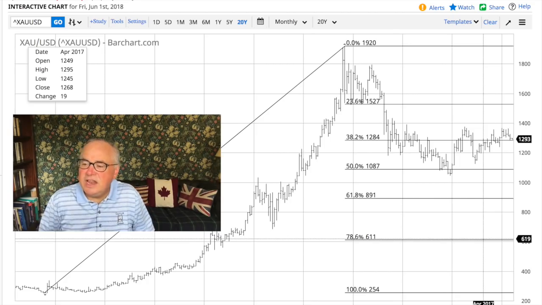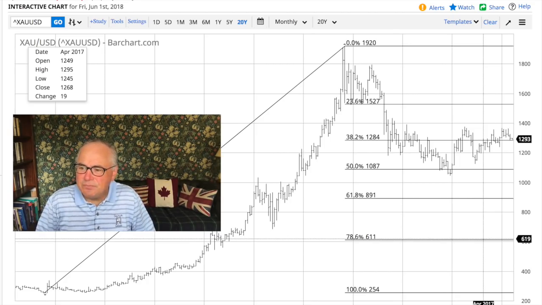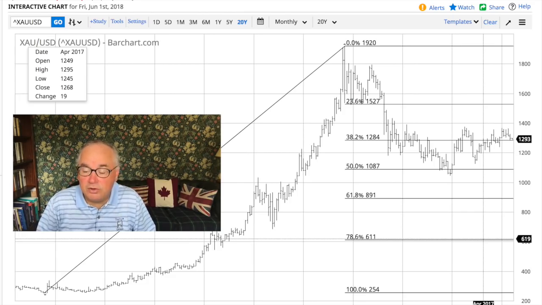And as you can see now, we've been below and above that 38.2% retracement, which is the golden mean, the Fibonacci golden mean, together with the 61.8, which is the mirror of that 38.2. I guess if we had gone to the 61.8, we would have dropped below 1,000 because it's 891.